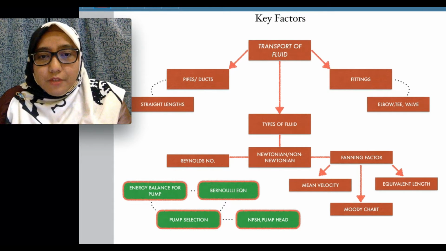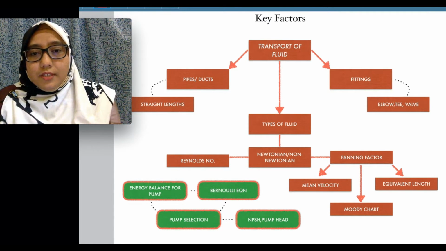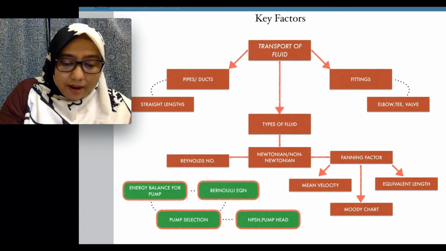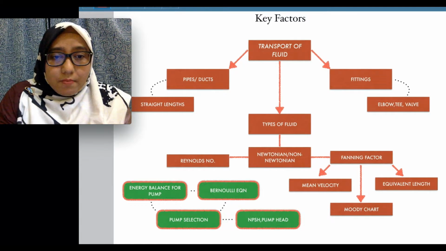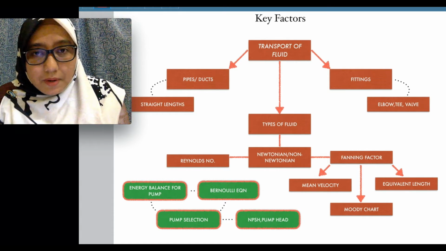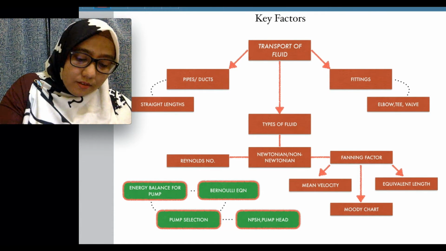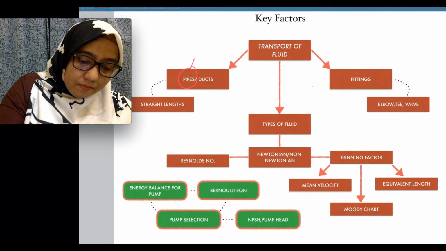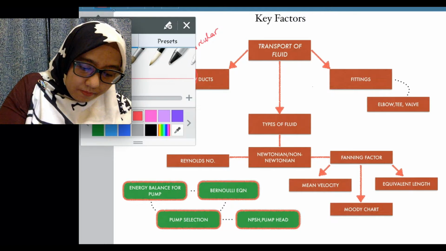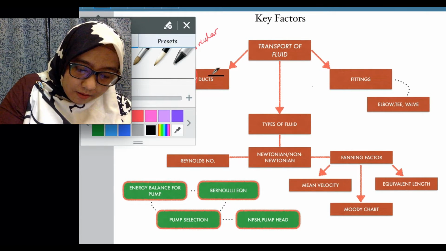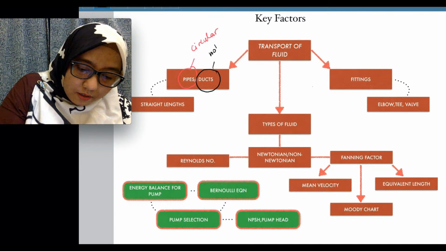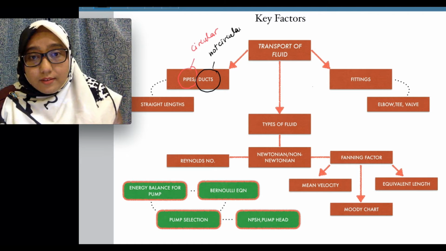Right, so what you will need to know is, for transporting the fluid, it is going to be influenced by, first, pipes or ducts. So what is pipes and what is ducts? We say pipes if it's circular, and if it's not circular, it is ducts.